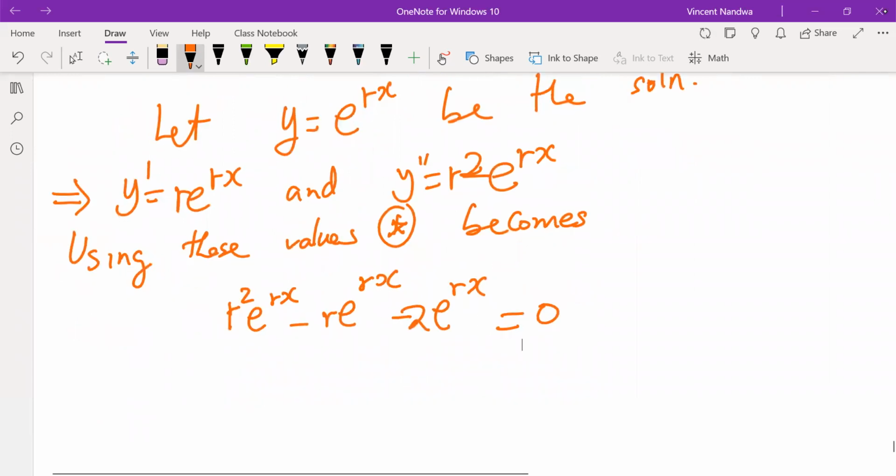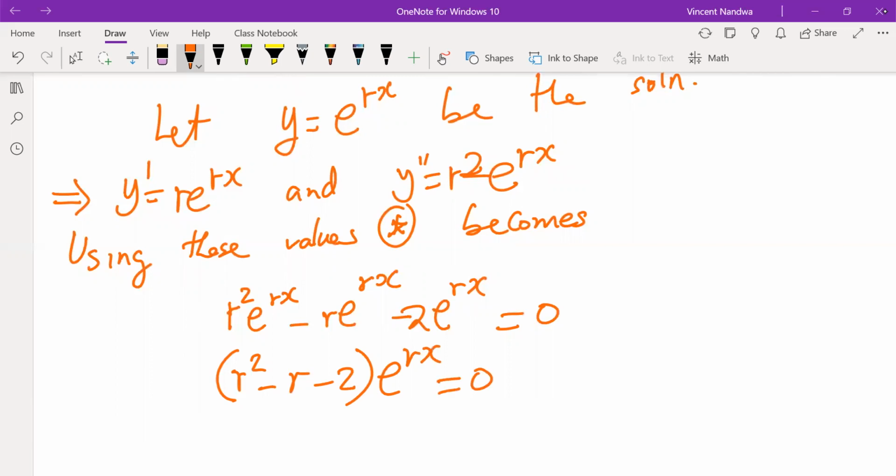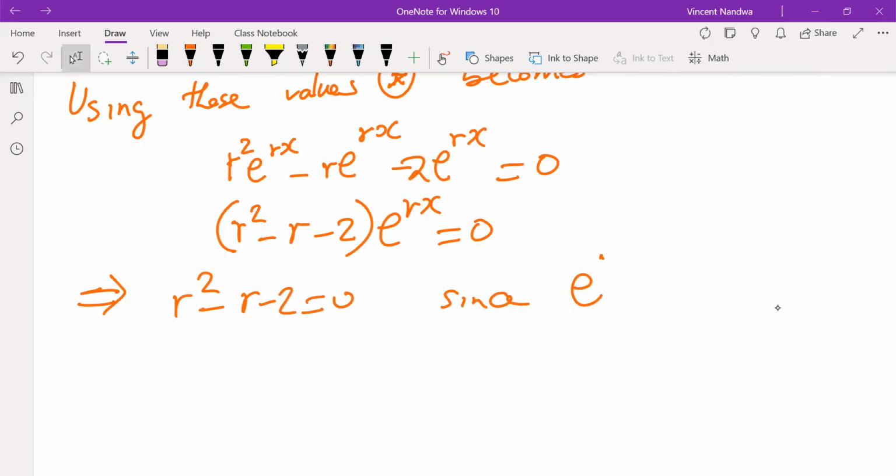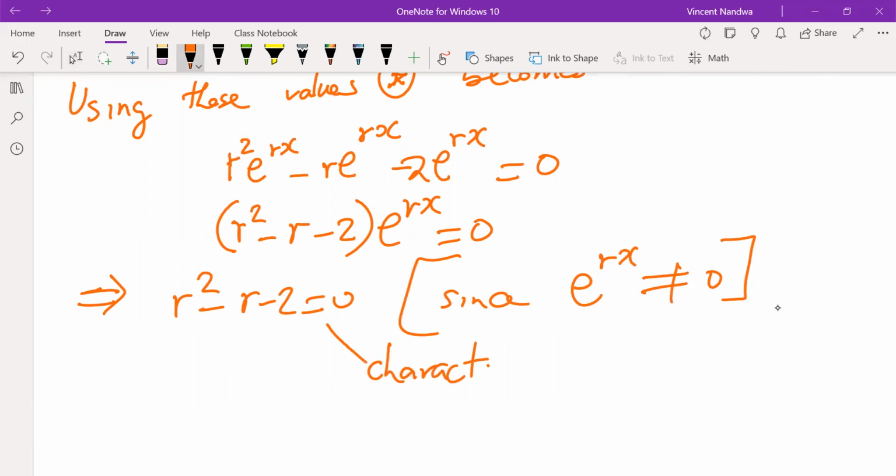Now, r squared minus r minus 2 multiplied by e raised power rx equals 0. Now, exponential cannot be 0, so this means r squared minus r minus 2 equals 0, since e raised power rx is always non-zero. So this is what we are calling the characteristic equation.